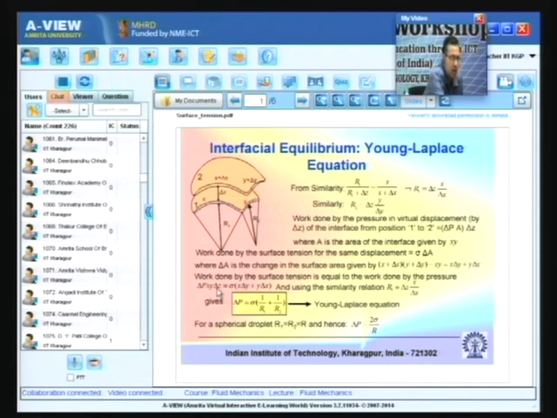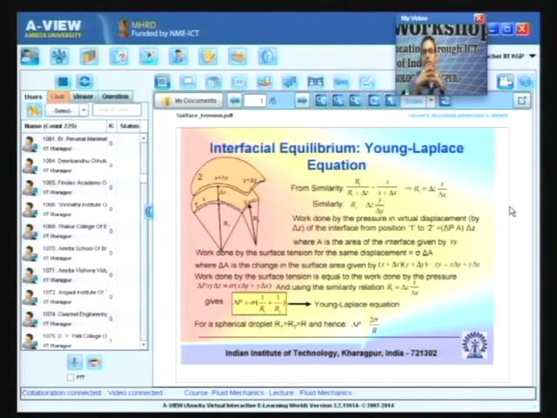So the work done by the pressure is equal to the work done by the surface tension. By the surface tension, more surface is created: from a surface area of x into y, the new surface area is x plus delta x into y plus delta y, and minus x into y is the additional surface area that is created.